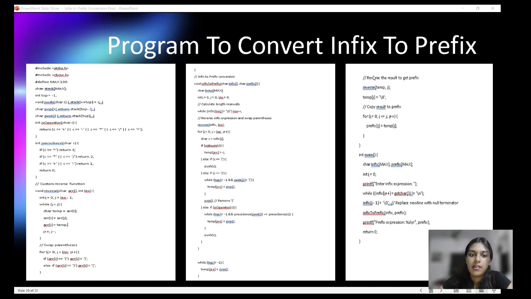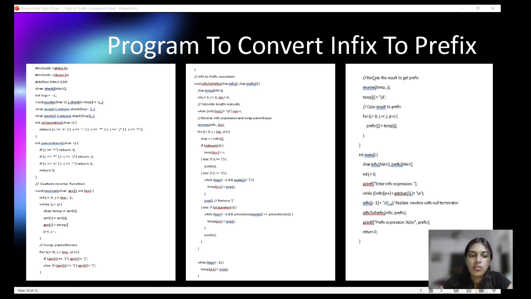Else if c is equal to open bracket, it handles the bracket: push the open bracket, and when it sees the close bracket, pop until it sees the open bracket again. Now, else if is operator c, it is for operators. Pop from the stack to the result if the stack top has higher or equal precedence, and then we push the current operator.